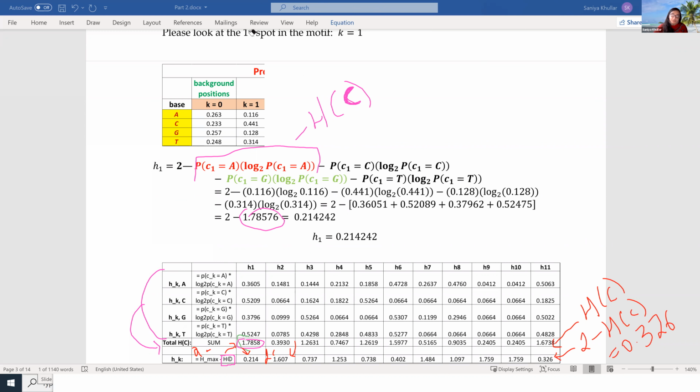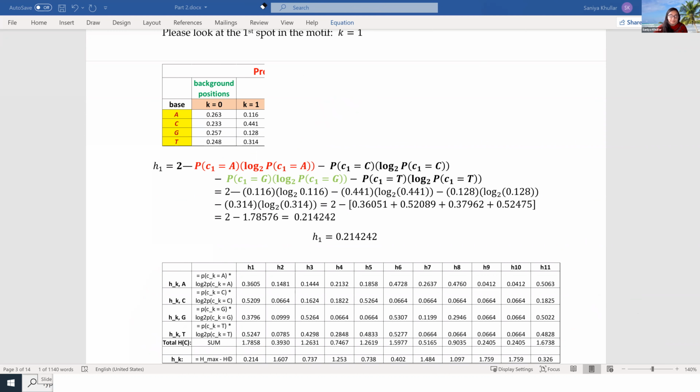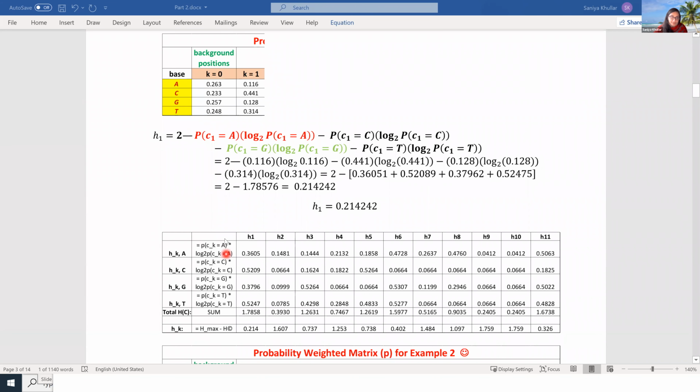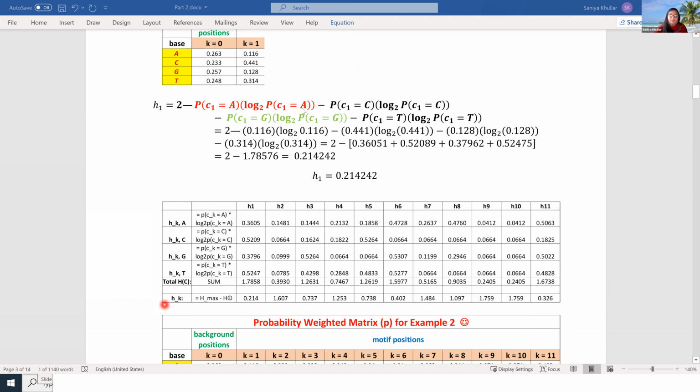Again, please let me know if you have any questions on that part here. So what you'll see is you just have to calculate what the height is, which is just the probability of a certain base multiplied by log 2 of that. So again, I'll just write the formula out for you here, where you just worry about this formula. If this helps you with Excel as well, maybe you can use that.